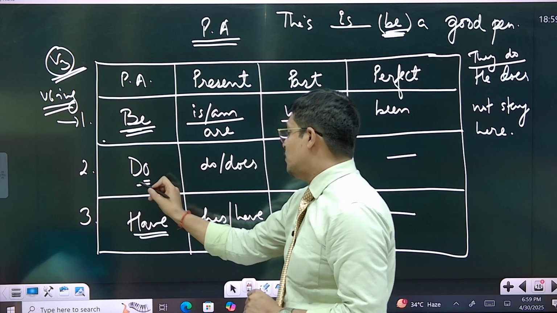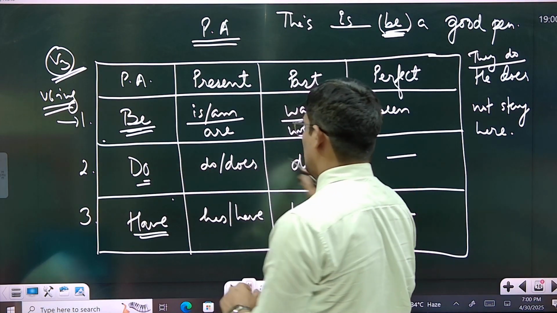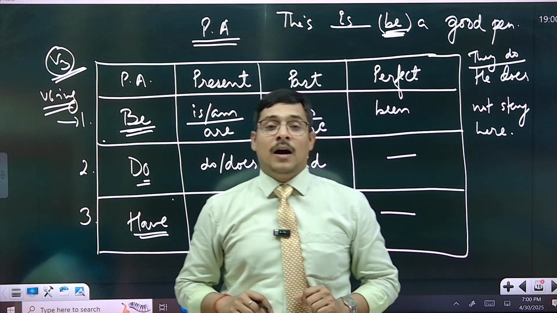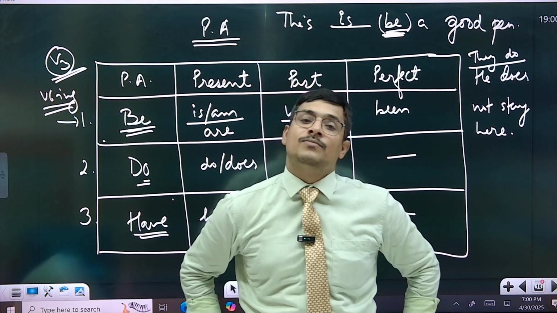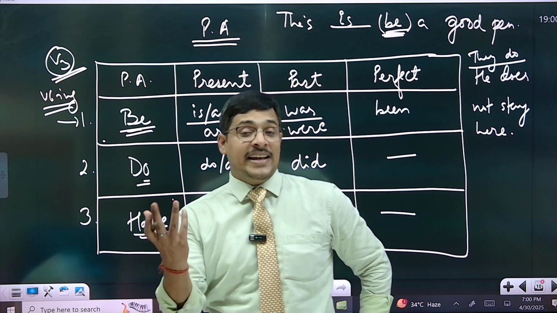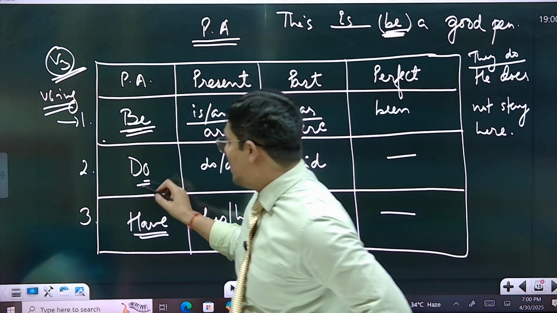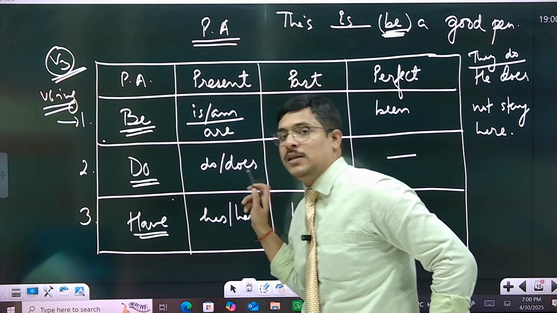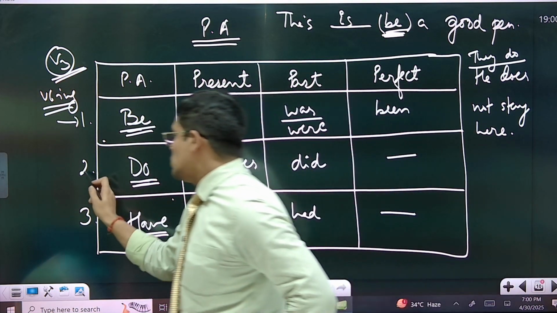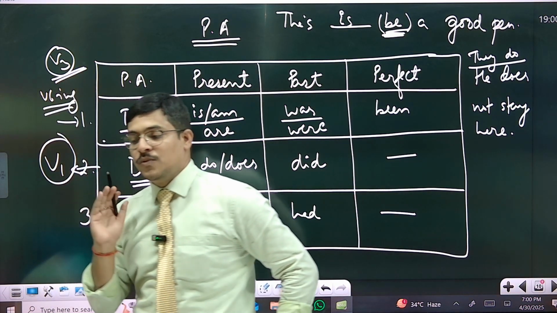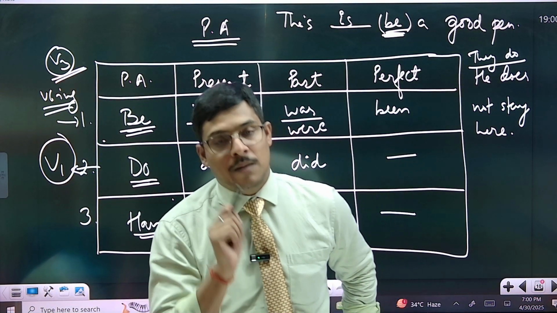Now, whenever we have do, any form of do: do, does, did, I have heard so many people making mistakes saying, he does not stays here, she does not speaks truth, or he did not ate anything. Always remember, with any form of do, whether it is do or does or did, we always use only the base form of verb, that is first form of verb.